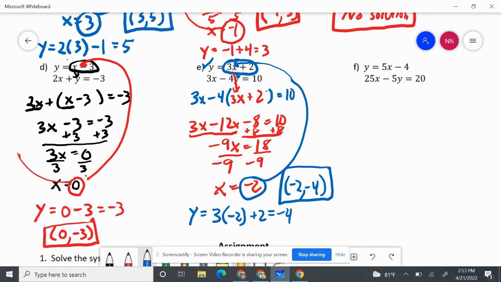Okay, looking at our last one. Since y is equal to 5x minus 4, I'm going to take the 5x minus 4 and replace that with the y. So I have 25x minus 5, and then in parentheses, 5x minus 4, is equal to 20.